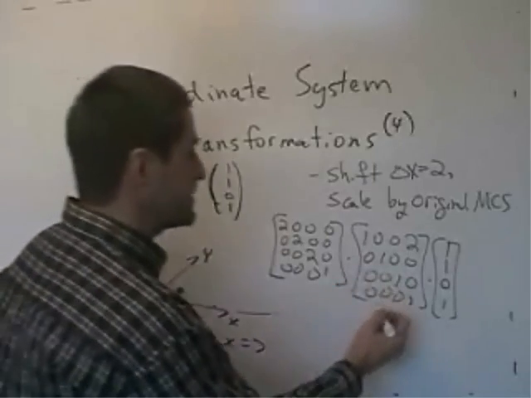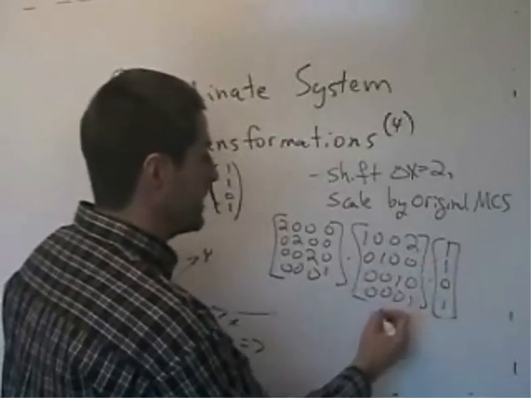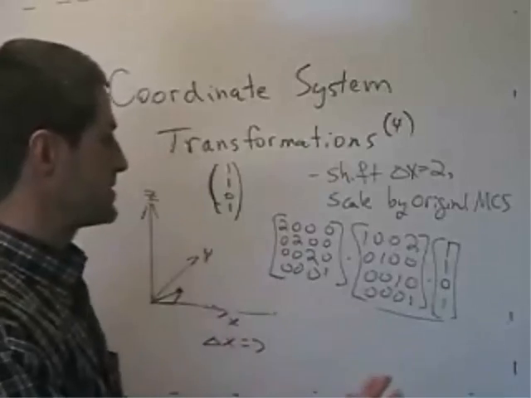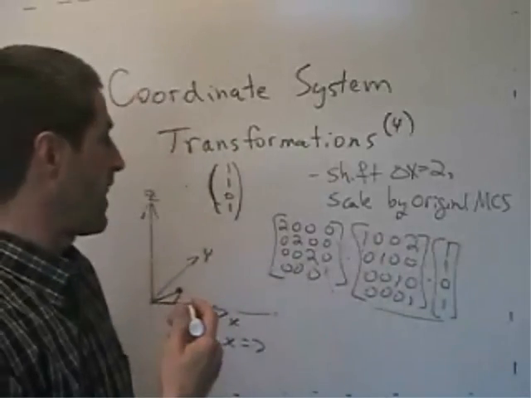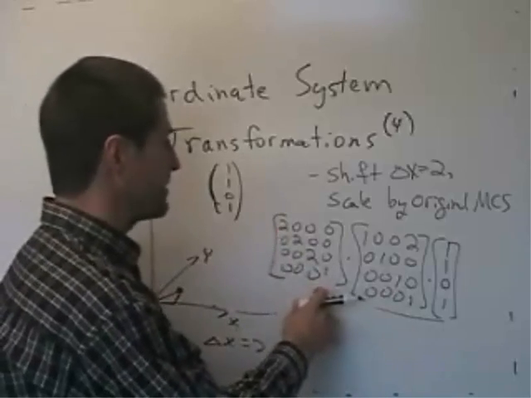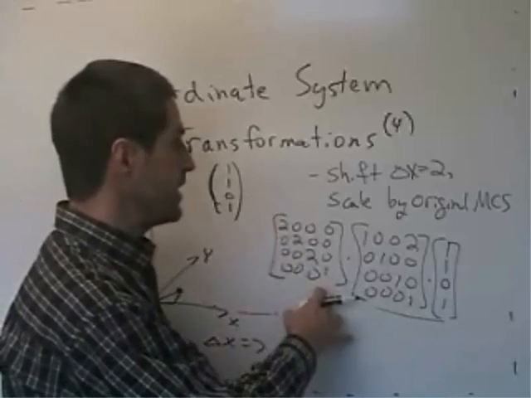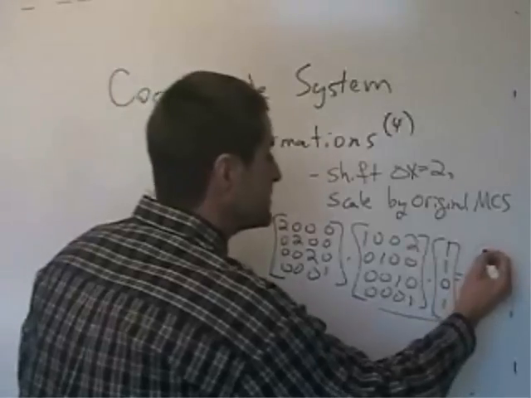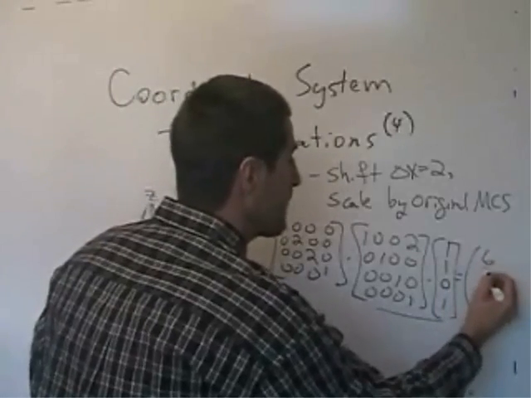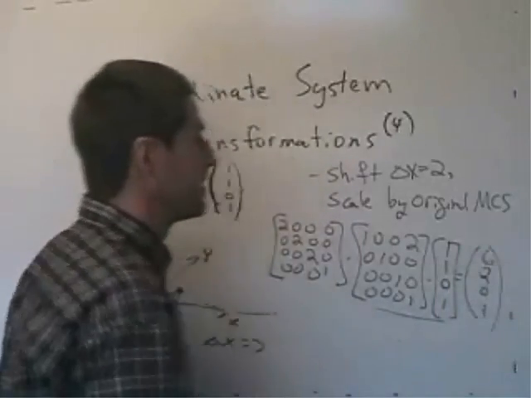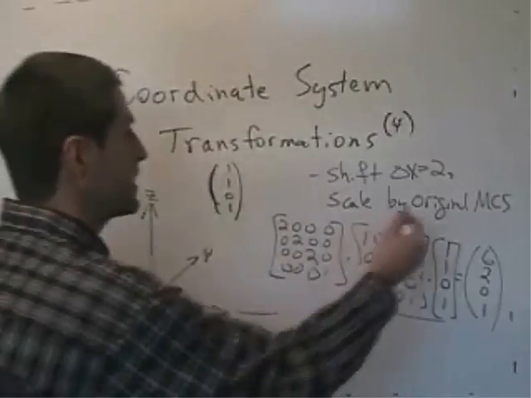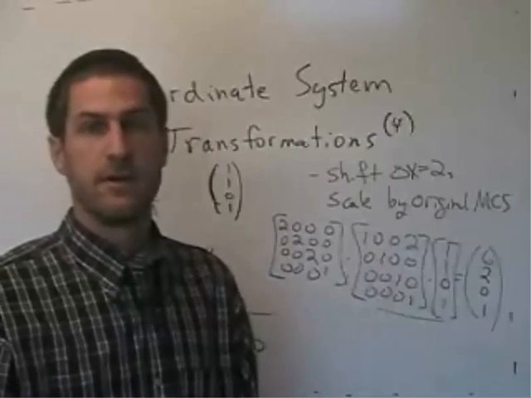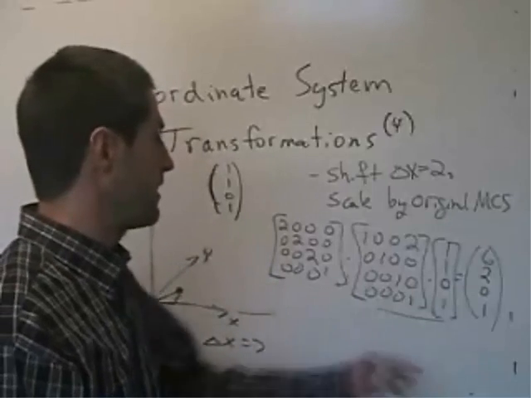In this case, the first thing that happens to our vector is it gets shifted by 2, and it becomes 3, 1, right? From 1, 1 to 3, 1. And then that gets scaled, everything gets multiplied by 2, and we get a result of 6, 2. So that's different than what we had the first time, which was 4, 2. Because we're doing it by the original coordinate system, we get a different result.